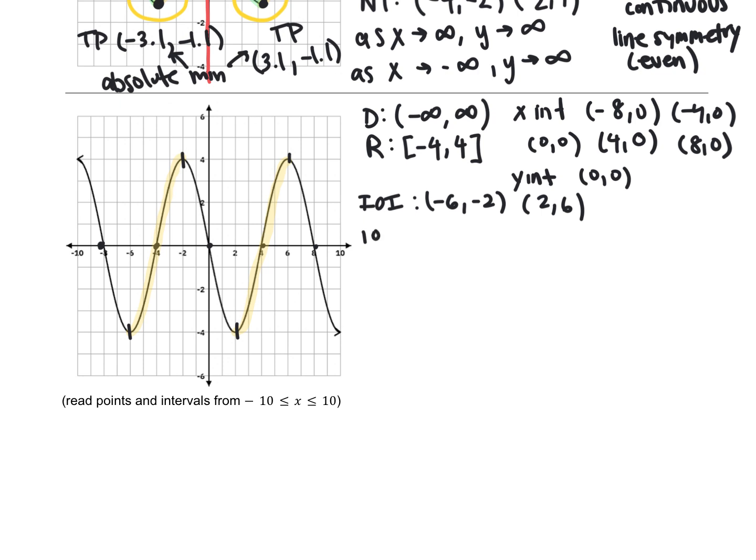And our interval of decrease is the exact opposite ones. So again, we're just using what we have in front of us. So we're going from -10 all the way to -6. We're going from -2 to 2 and 6 to 10.